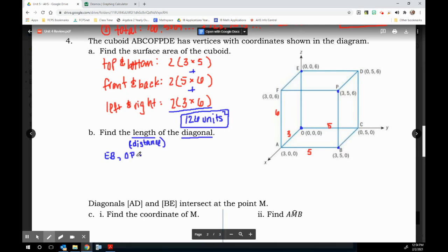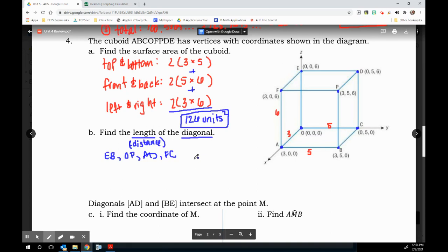I could also do A back to D, or F across to C. Any one of those three you can do.